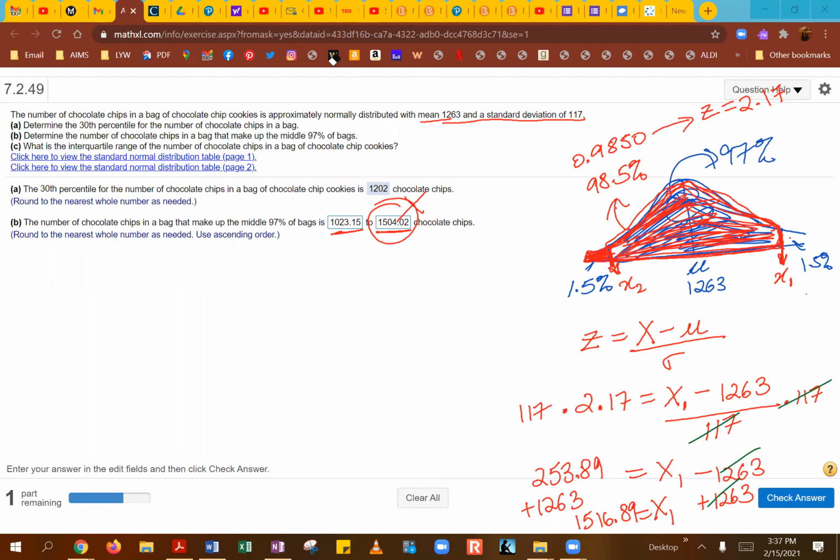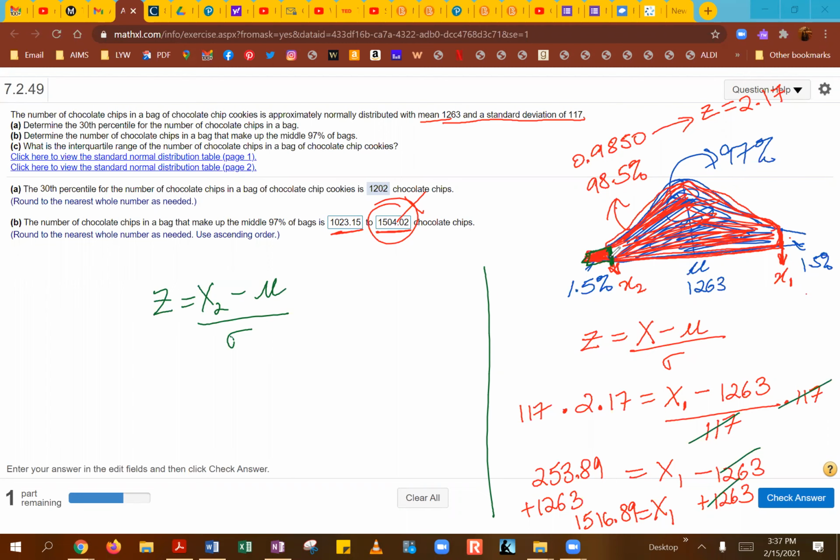So let's go ahead and take a look at that. Same formula, you're going to use z equals x2 minus mu over sigma, but now we're interested in x2. So this is this number over here on this side.